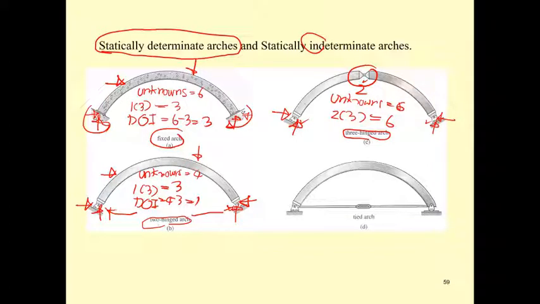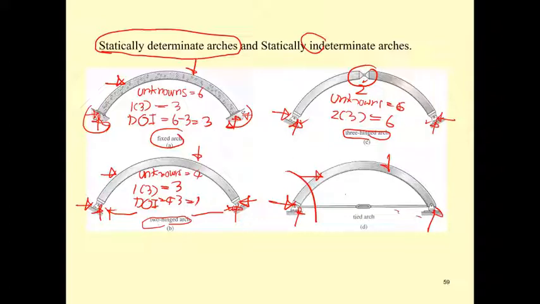The Tie arch also, we can determine the reactions of the Tie arch easily. We have it subject to some kind of force, and then we have only 3 unknown forces. So you just use the equations of equilibrium. However, if you cut this arch by this section, you will have 4 unknowns, and you cannot solve it.